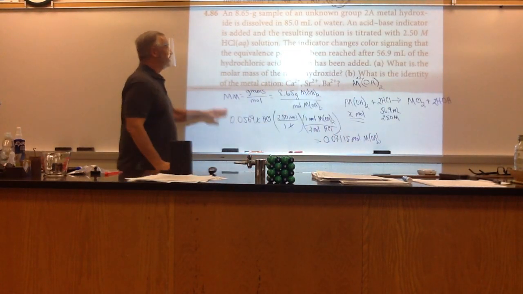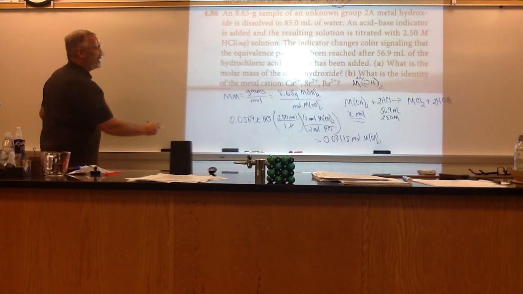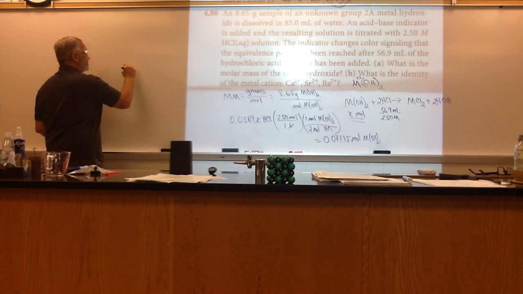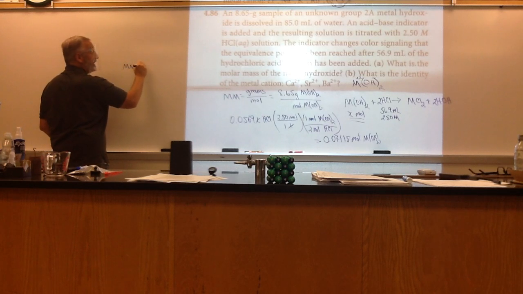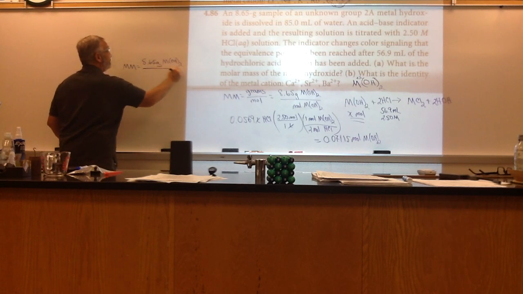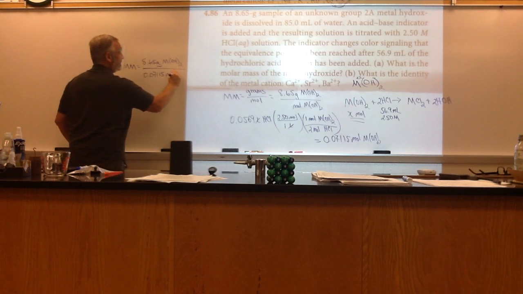Is that my answer? No. Can you see if I go to here? Yes. Okay? So now I come back to this. So my molar mass is equal to my 8.65 grams MOH2 divided by my 0.07115 moles of MOH2.